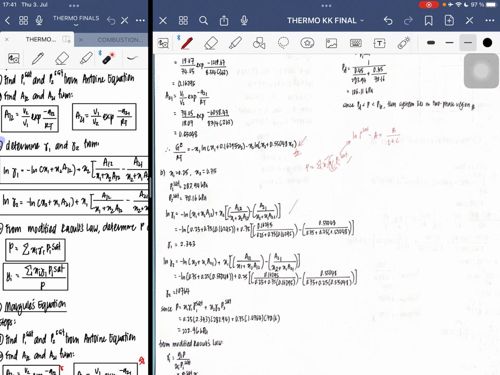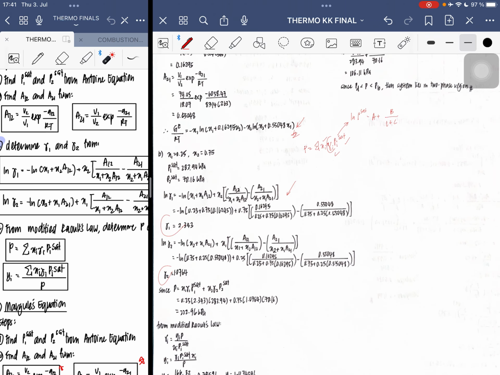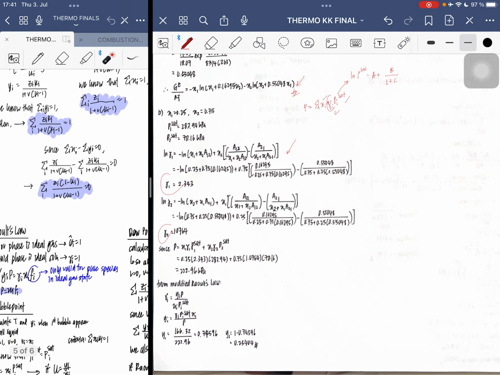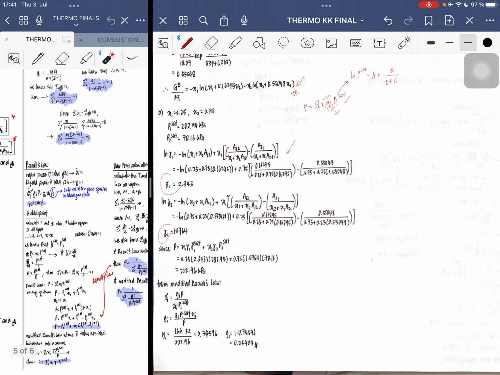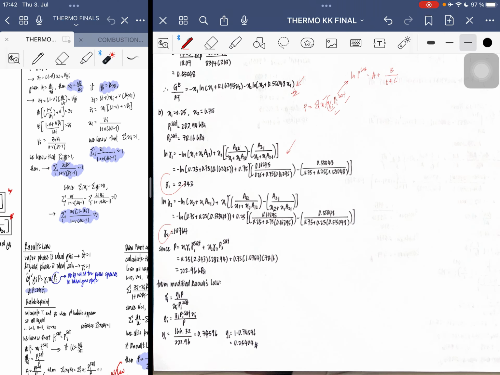So this one is an extension of modified Raoult's law. Actually, if you want to combine, Raoult's law, not modified, normal Raoult's law will be yi P equals xi fi, fugacity, right?